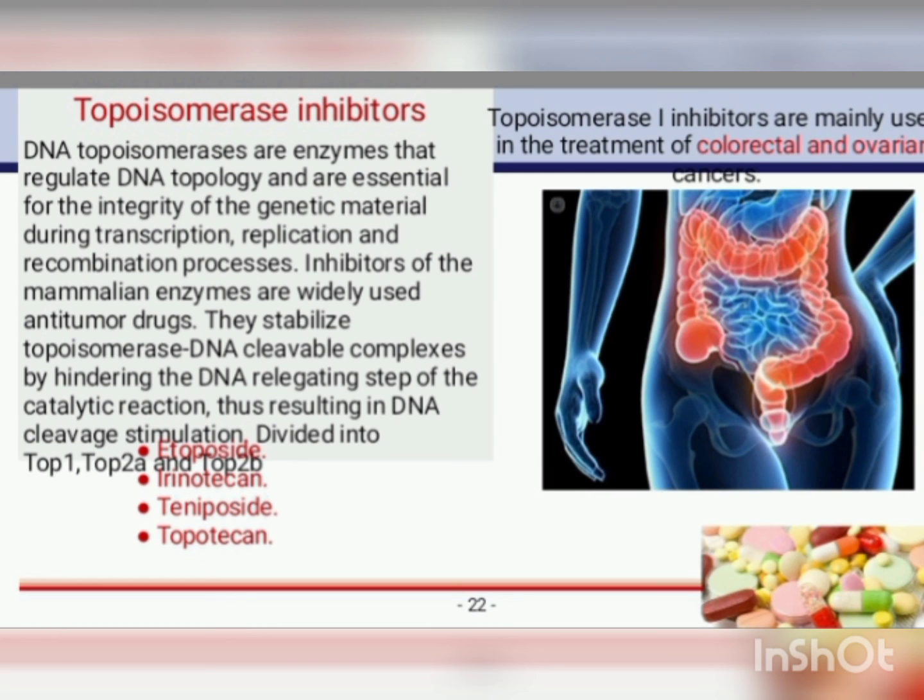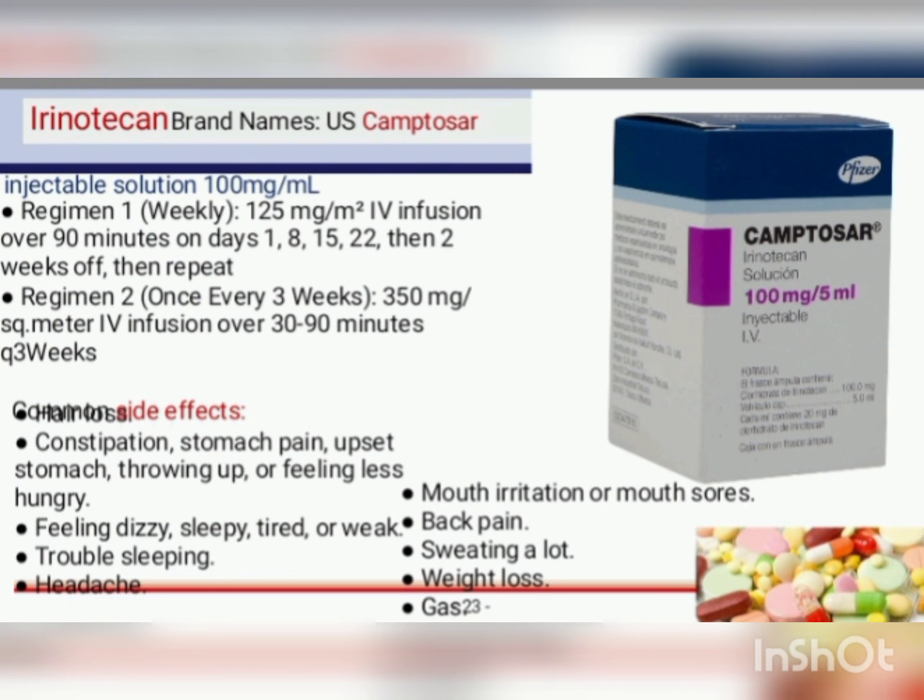Topoisomerase inhibitors are mainly used in the treatment of colorectal and ovarian cancer. Irinotecan, brand name Camptosar, injectable solution 100 milligrams per 5 milliliters. Regimen 1: weekly 125 milligrams, infusion over 90 minutes on days 1, 8, 15, 22, then 2 weeks off, then repeat.